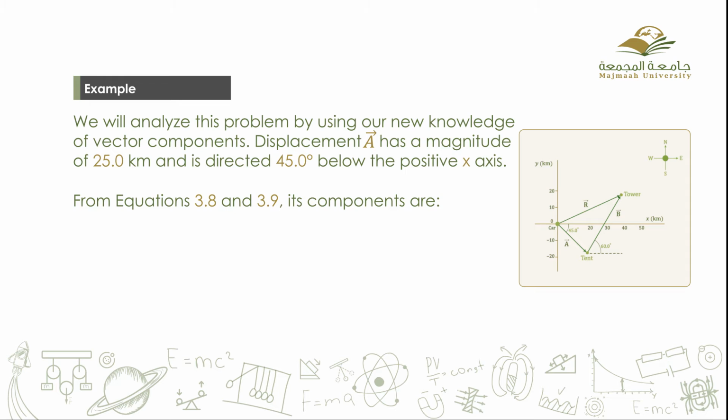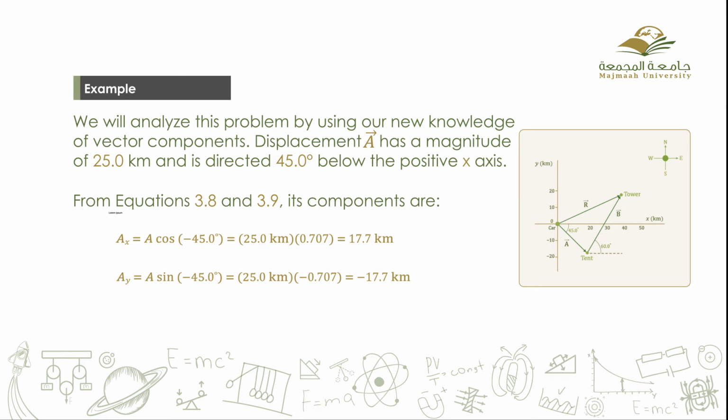When analyzing this vector A, its component in the direction of X, Ax, will be A cosine negative 45, which is 25 kilometers multiplied by 0.707, which is cosine negative 45. That results in 17.7.